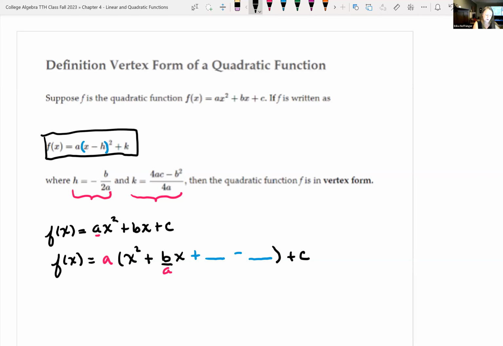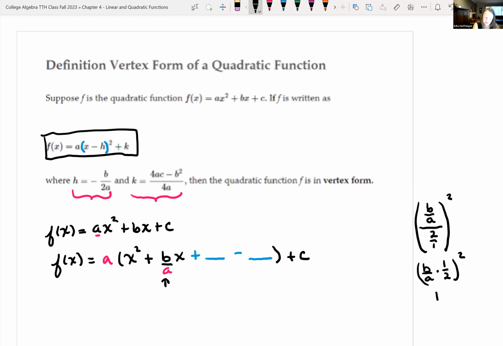So recall, in order to complete the square, we're looking for the same number that you would add to get b over a. We're taking that same number that we would add, which would be half of b over a. And then we're going to multiply it by itself. So we're going to square it. So let's just rewrite our complex fraction b over a divided by 2 over 1. That's a multiplication of the reciprocal. So flipping up, we get times 1 over 2 quantity squared.